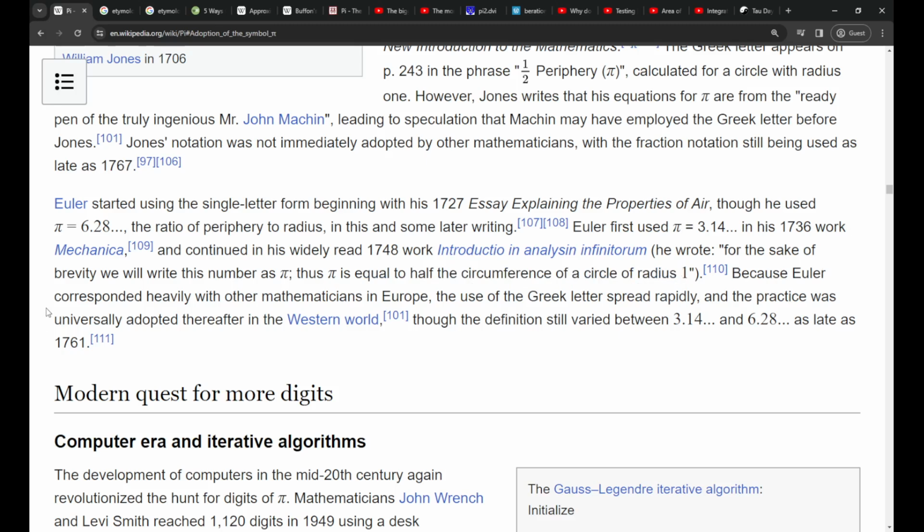Because Euler corresponded heavily with other mathematicians in Europe, the use of the Greek letter spread rapidly, and the practice was universally adopted thereafter in the Western world, though the definition still varied between 3.14, etc., and 6.28, etc., as late as 1761.